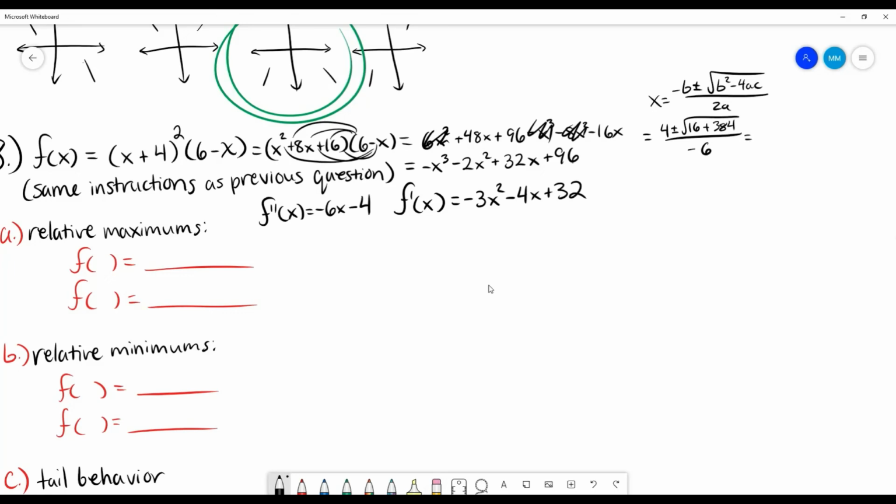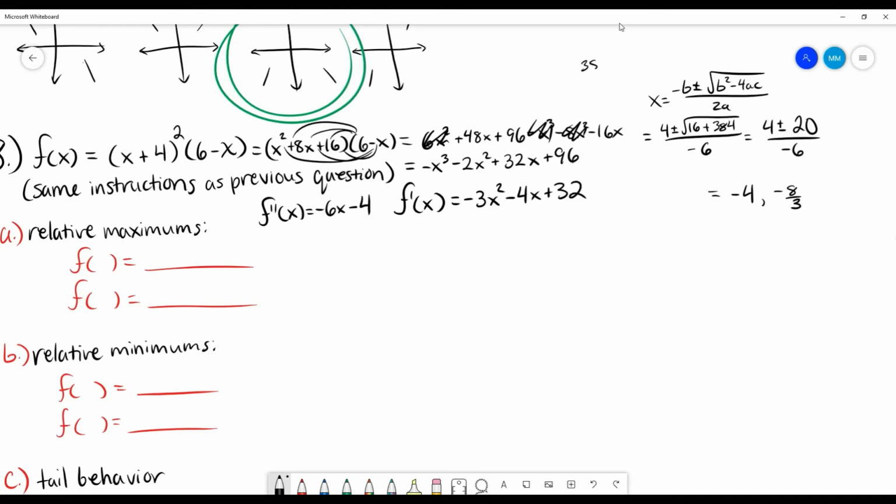Oh, that's a nice pleasant square root at least, because the square root of 400 is 20. Which means that this is a negative 24 over 6, which is just a negative 4, or it is negative 16 over 6, or negative 8 over 3.